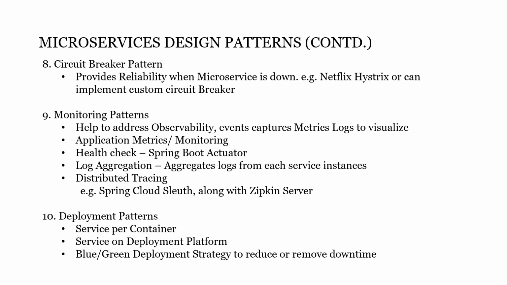Then blue-green deployment strategy is to reduce or remove the software downtime, right? So you have two production environments like blue and green, and at a time one would be active. So these are the examples of deployment patterns.